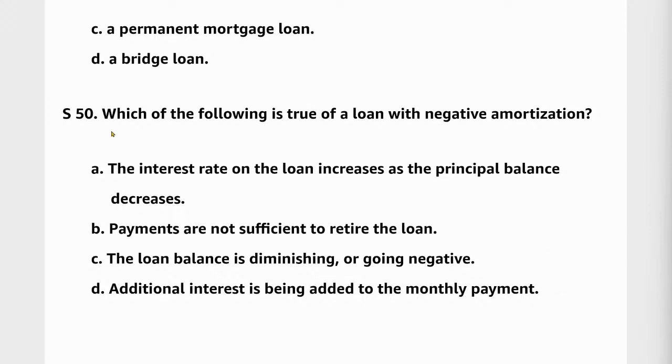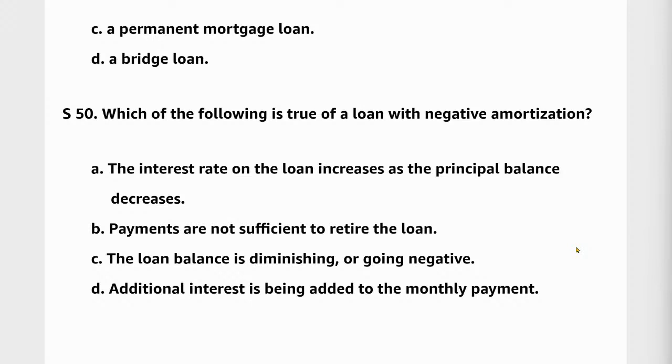So it is a negative amortization. So a normal amortization, right? You have a 30-year loan, and every month that a payment is made, the principal amount reduces and the interest amount also reduces. So the equity, the amount of property that we own, increases.